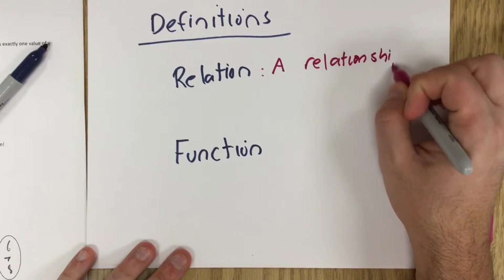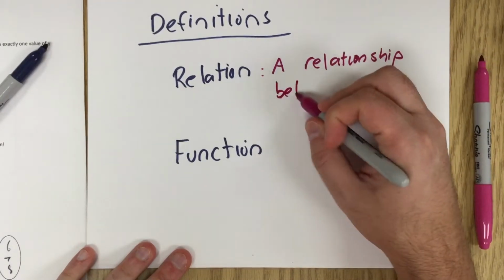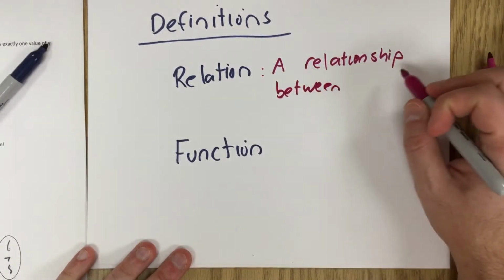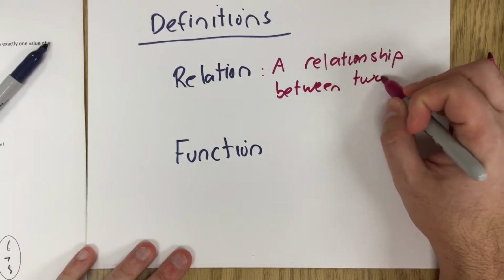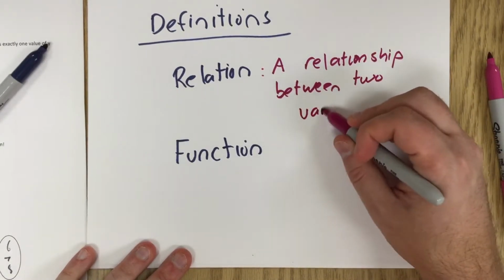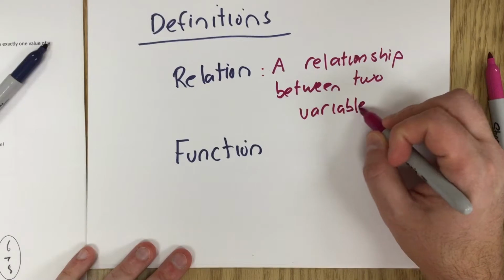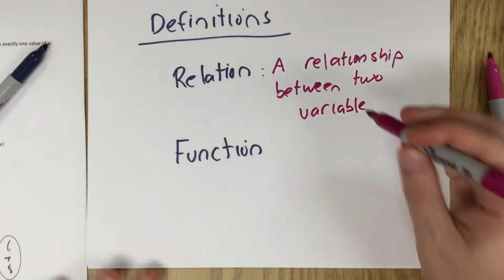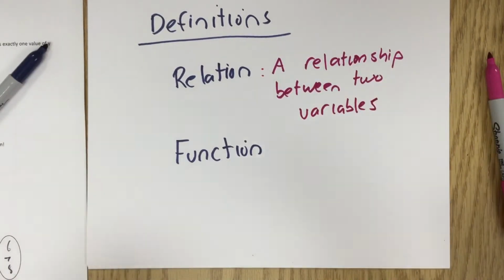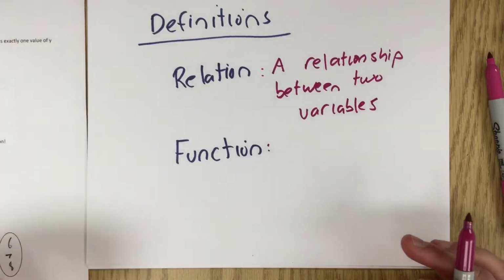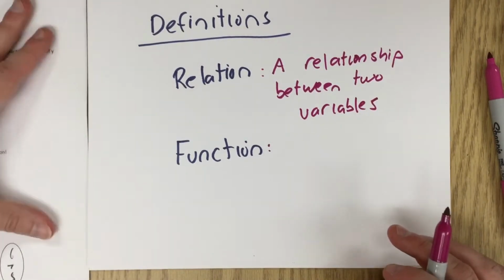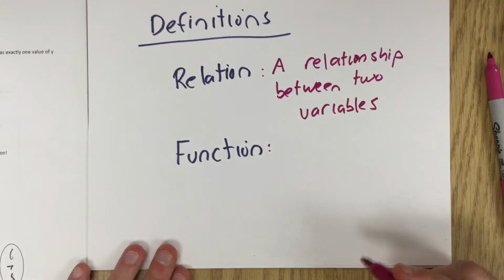In math, essentially a relation is two variables that are connected in some way. And if they're connected in some way, then there's a relationship between them. So for example, one may be twice as big as the other, one may be 4 more than the other, one might be the square of the other. That's the relationship between two variables.